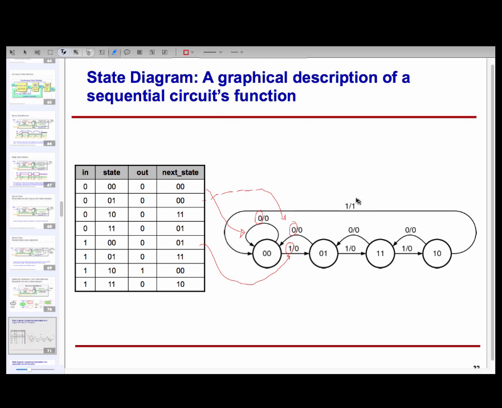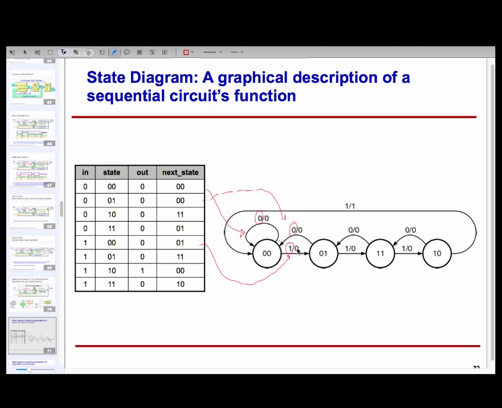The second number out here, when we say 1, 1, corresponds to the output. So if you look again out here, I'm in state 0, 0. If the input is 0, then output is 0. And if the input is 1, output is still 0. So the second number on each edge says that if the input is such that this edge is going to be activated, then the right hand side also tells me what output I should be giving.